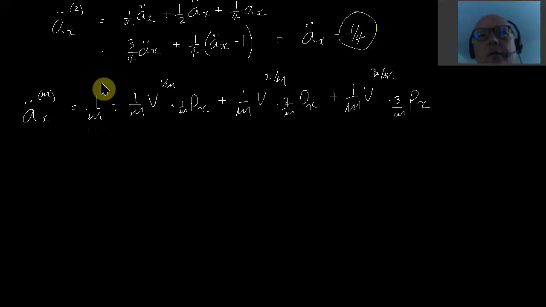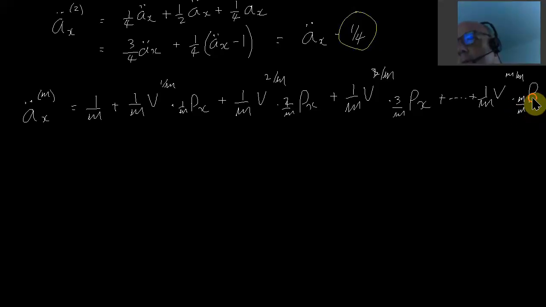Okay, so this thing after m terms, we're going to get a 1 over m v to the m over m times m over m px, which is 1 over m v times 1 px, which is the second term of annuity due x.